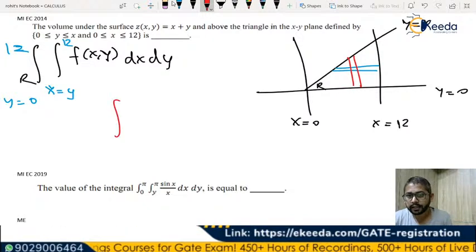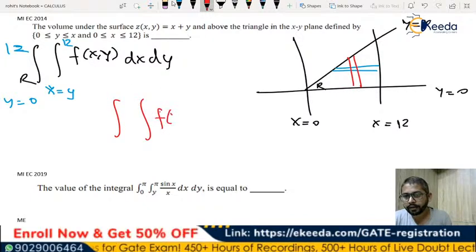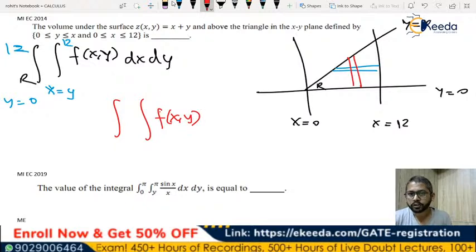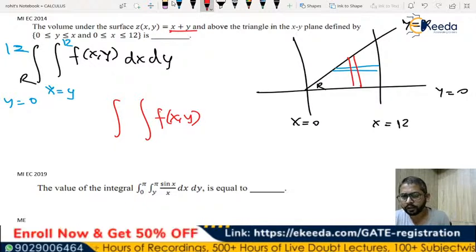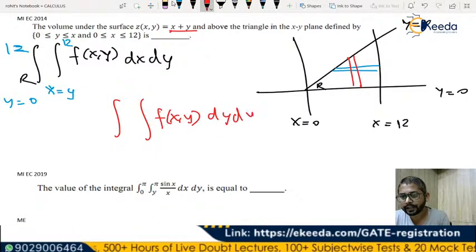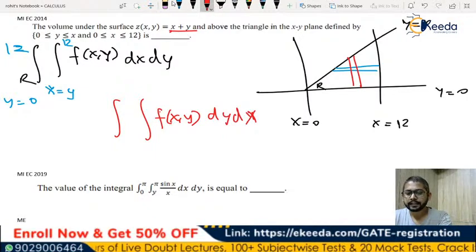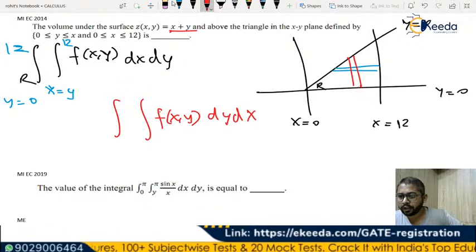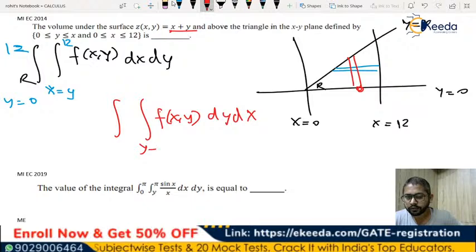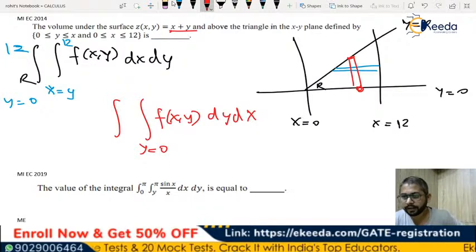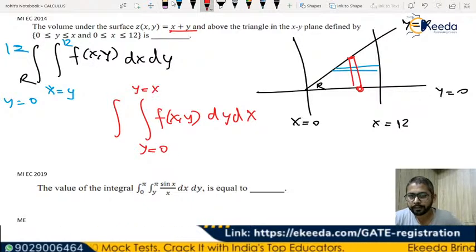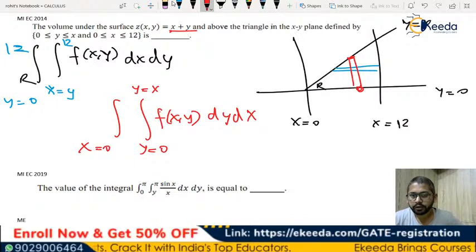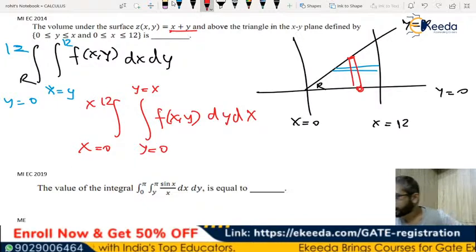Of course, f(x,y) is that surface equation, and the order is dy dx. What will happen? The lower limit will become 0, the upper limit will be y equal to x, and the limits for x will be 0 to 12.